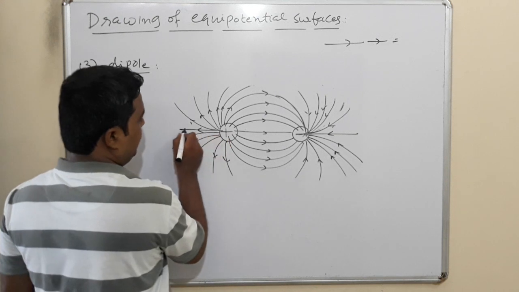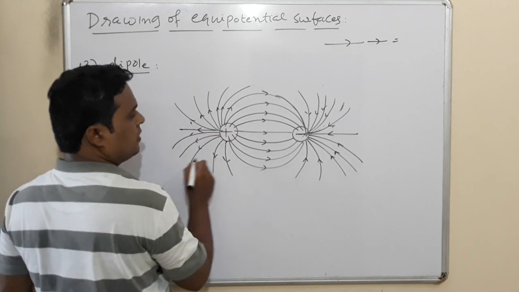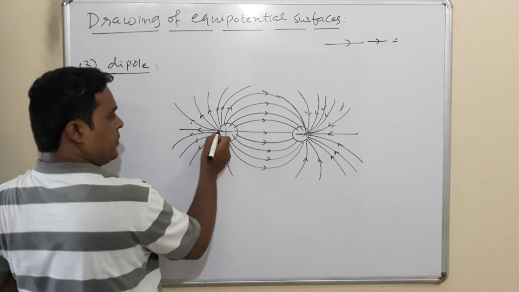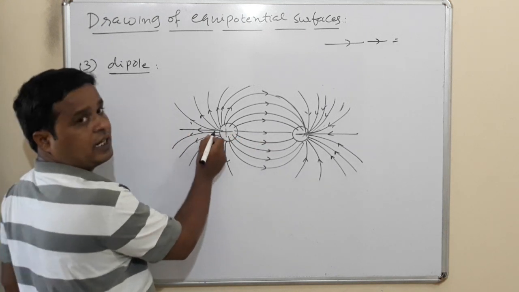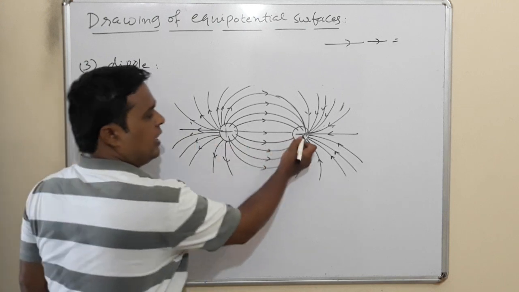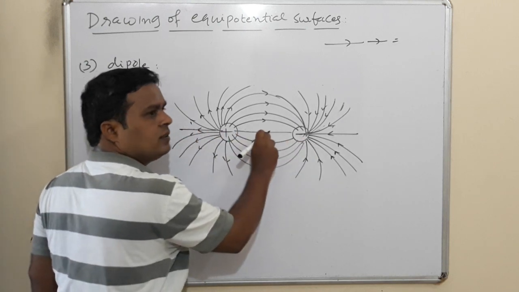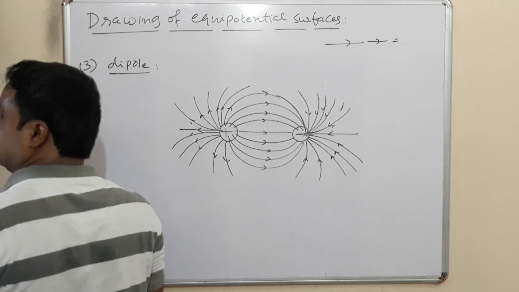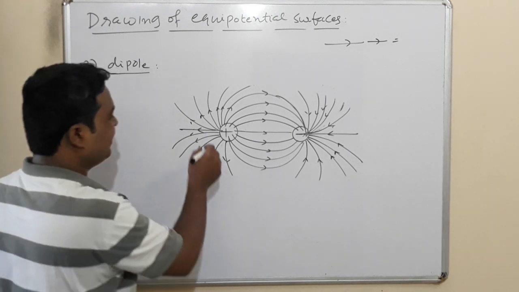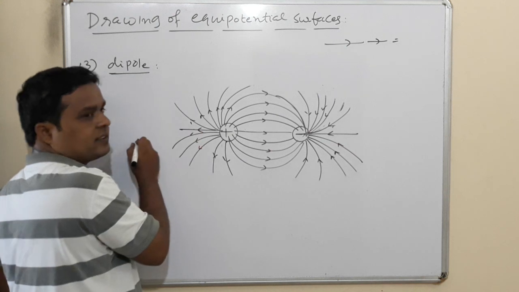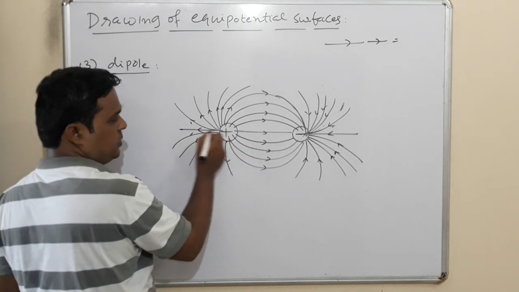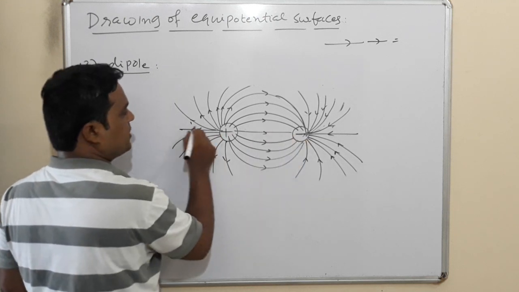At these points outside the charges, the field due to the positive charge will be away, and the field due to the negative charge will be towards it. That means the field is towards one charge and away from the other. The positive charge field is away, the negative charge field is towards.